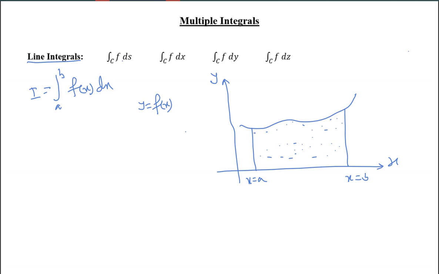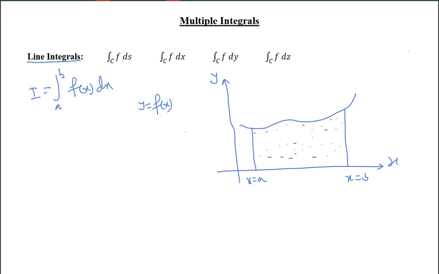How could we express this integration as a summation form? If we consider this x-axis, we are integrating over it, where the integration range is from x equal to a to b.